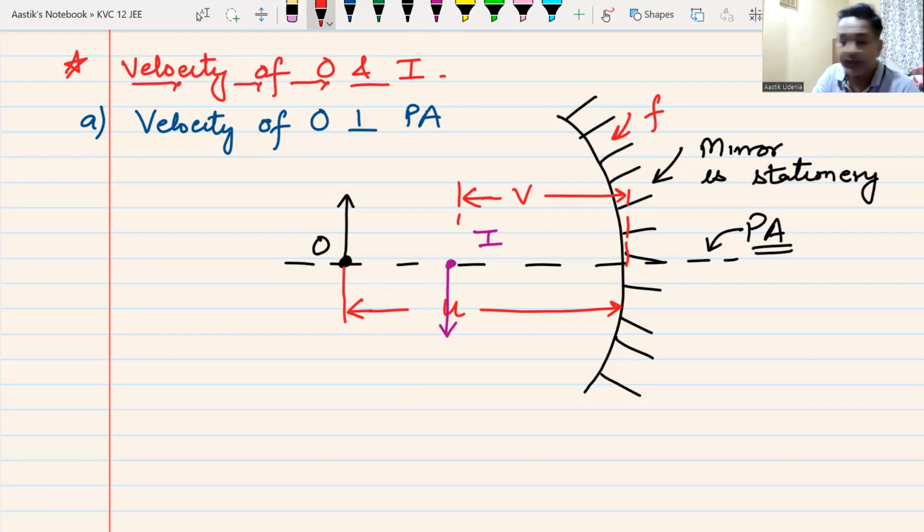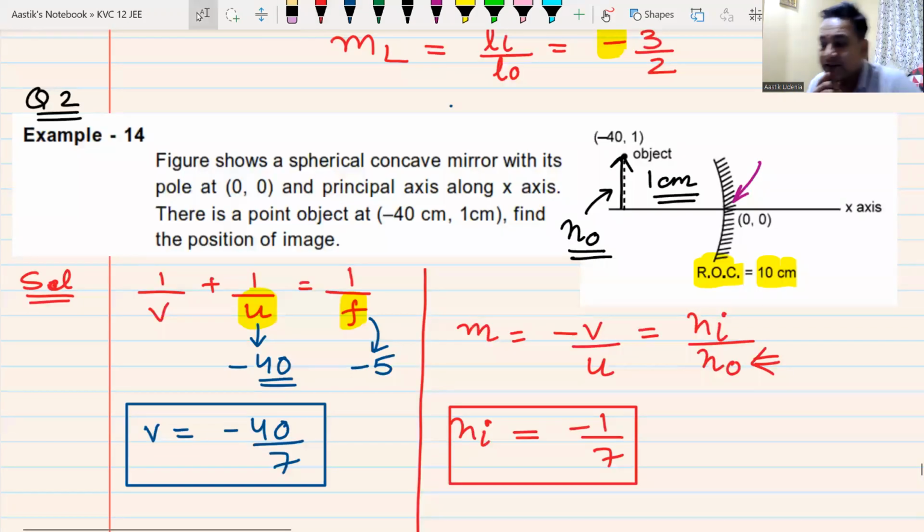Do you remember this question where, instead of the object placed on the principal axis, the object was placed above the principal axis? Yes or no? Yes, sir.